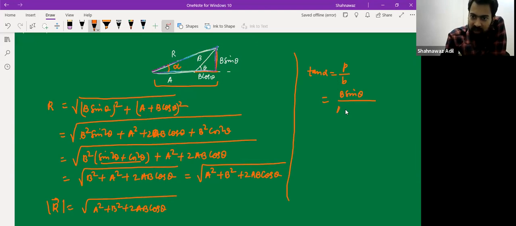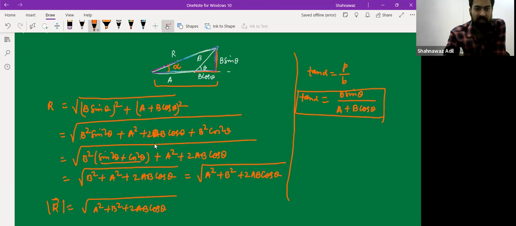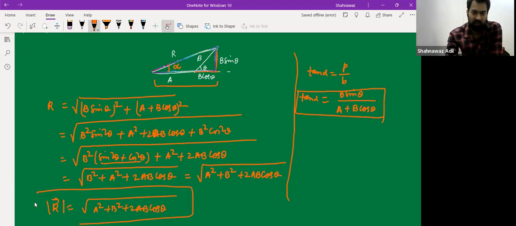A plus B cos theta, right? So this already you know, right? So these are the two, resultant magnitude in the polar form, right? This is the magnitude, this is the direction. Okay, understood up to this point?